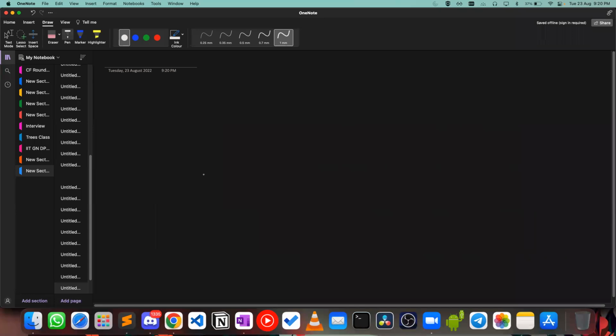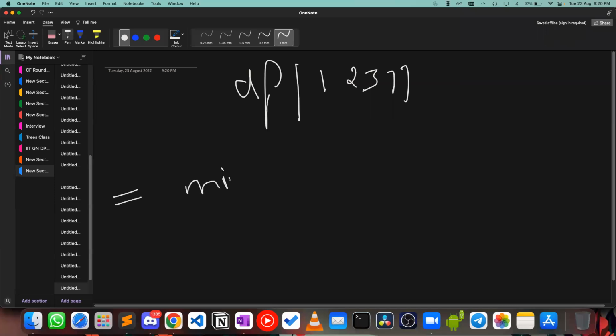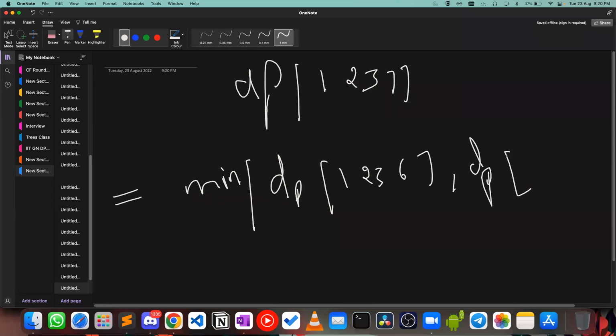So what do you write as transition? If I give you dp of 1237, will it not be the minimum of dp of 1236 because we're subtracting 1 from it, dp of 1235 when you subtract 2, dp of 1234 when you subtract 3, and dp of 1230 when you subtract 7?